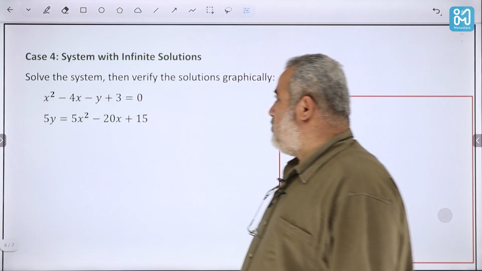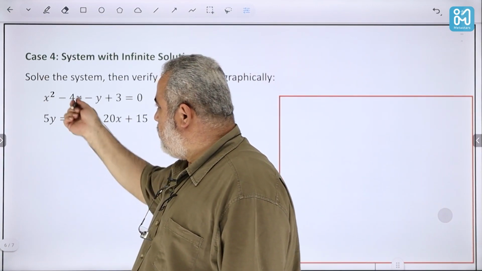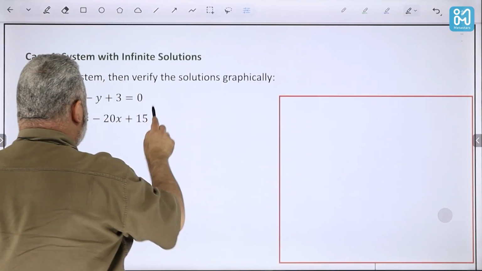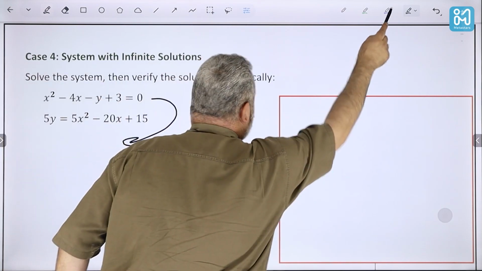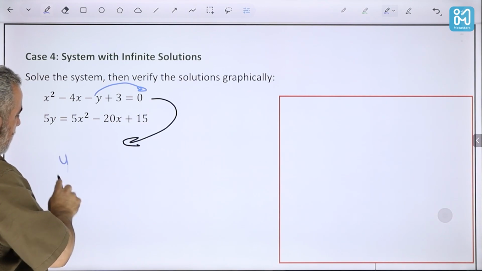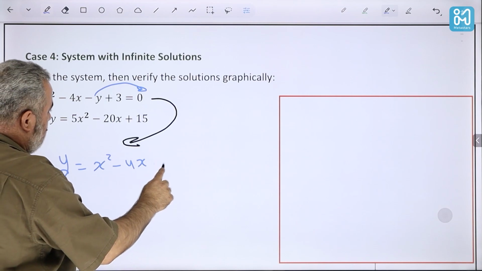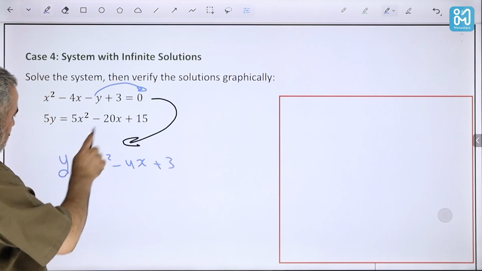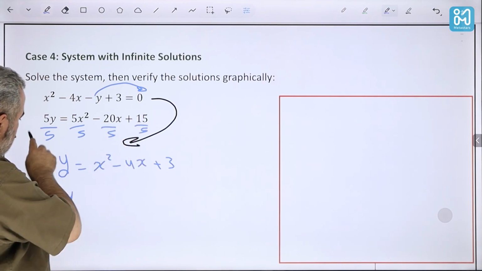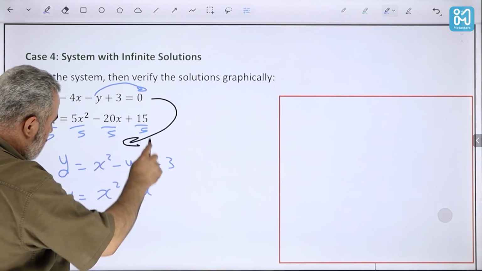The last part, system with infinite solutions, which means that these two equations are actually identical. So when we try to order them, this equation, move x to the other side, y to the other side, it will be y equals x squared minus 4x plus 3, and the second one divided by 5, it will be y equals x squared divided by 5 minus 4x plus 3.